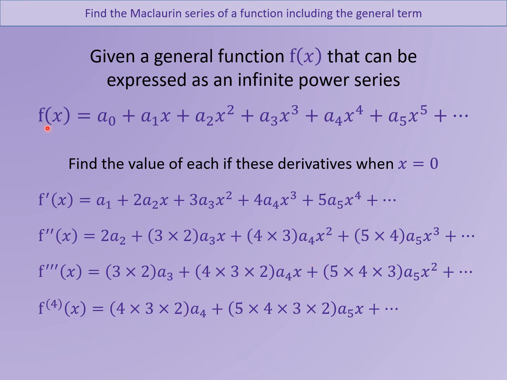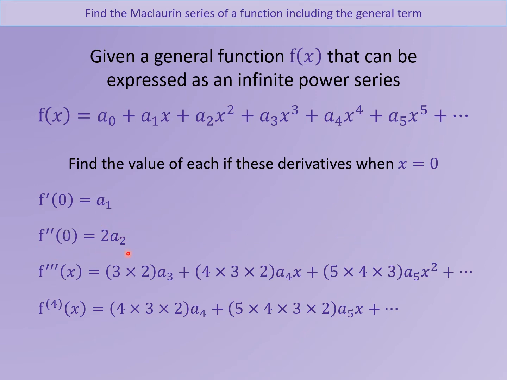So you put x equals 0 in. Well, for x equals 0 here, nearly all of the powers will disappear, leaving you f of 0 equals a0. This one, f dash of 0, is going to just get you a1, and then all these are going to be 0, so you're left with just a1. This one here, left with just that.